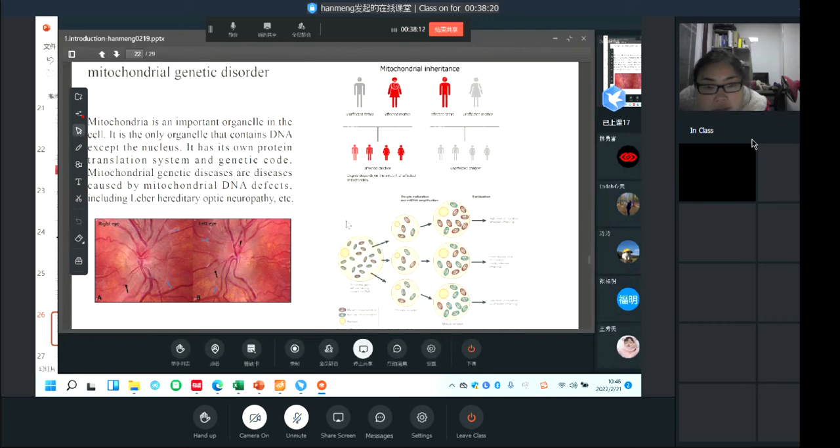And the transmission of the mitochondria is mother related. And in a second picture, we can see some mutant mitochondria in the patient body.